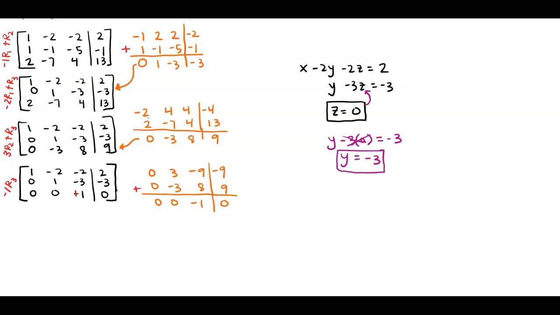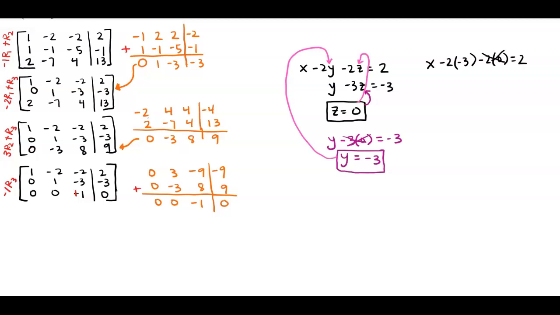Y is -3. And now I need to take both of those and put them into the top equation to figure out what x is. So if I take my -3 and put it in place of y, and put that 0 in place of z, then really what I get, writing it out over here, is x minus 2 times -3 minus 2 times 0 equals 2.